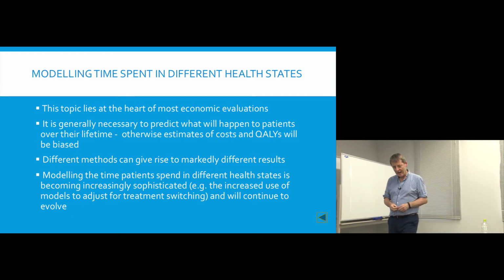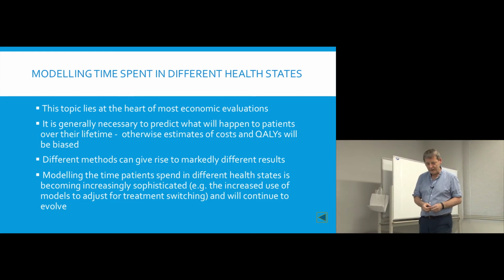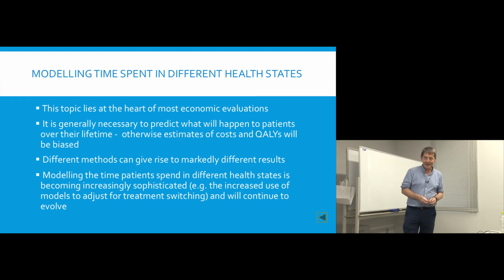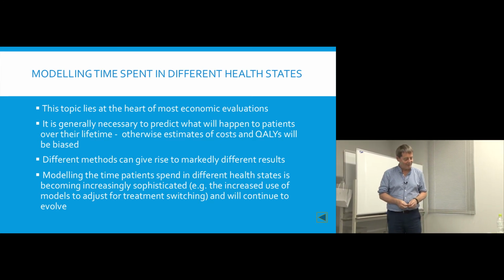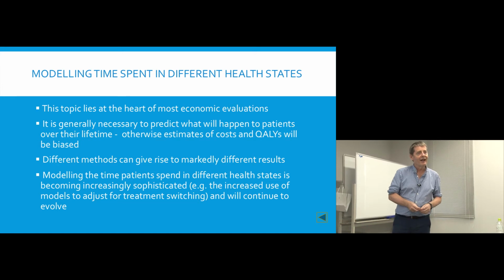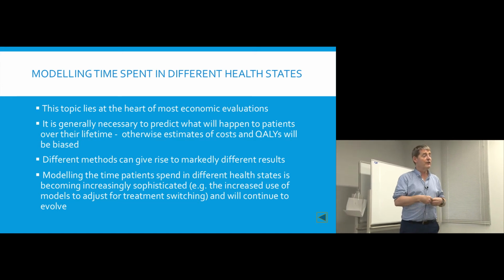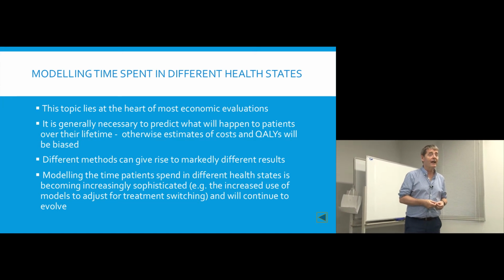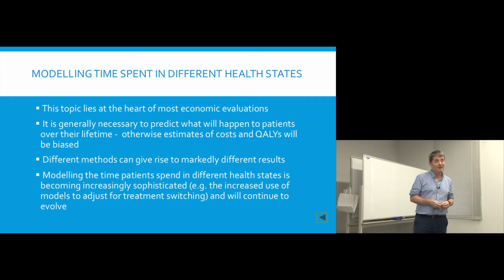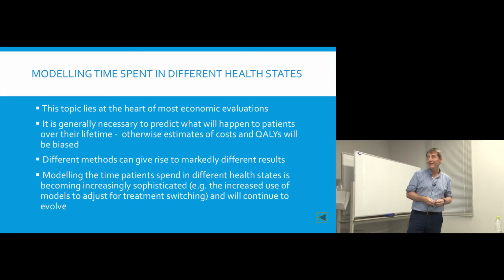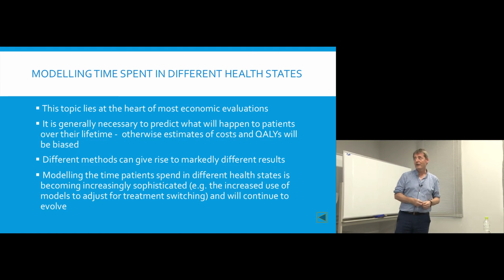And as I tried to highlight, and I just use one very simple example, azacitidine for myelodysplastic syndromes. Depending how you do this extrapolation, you can get quite markedly different answers. You get different results depending how you do your prediction or extrapolation.